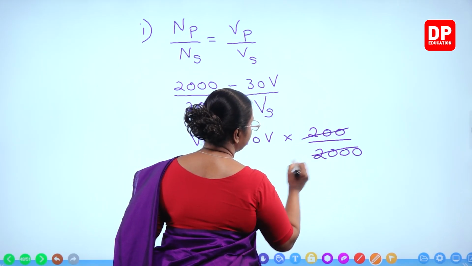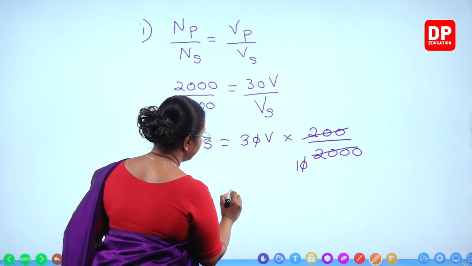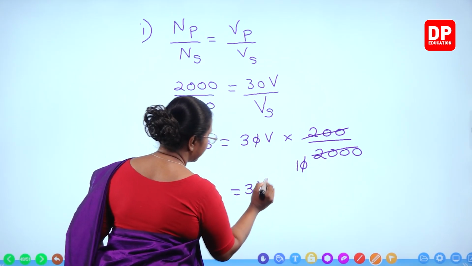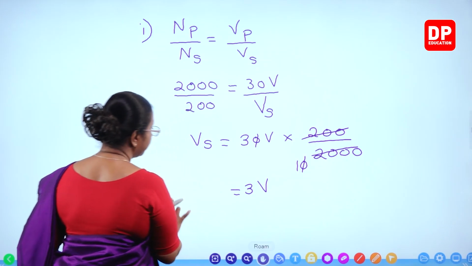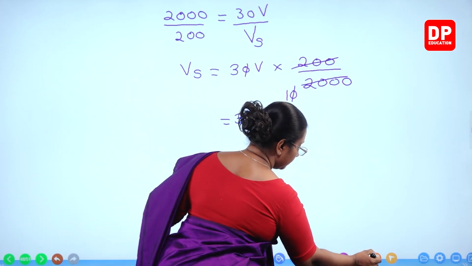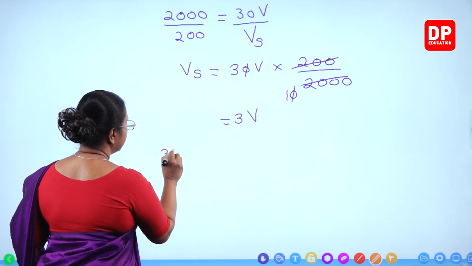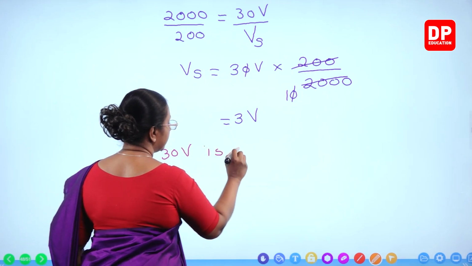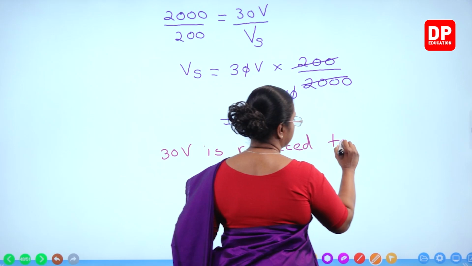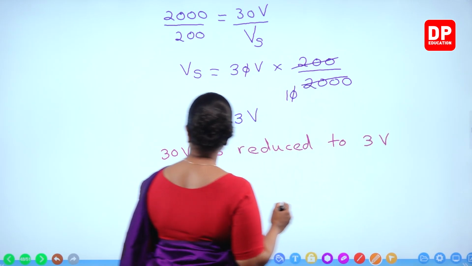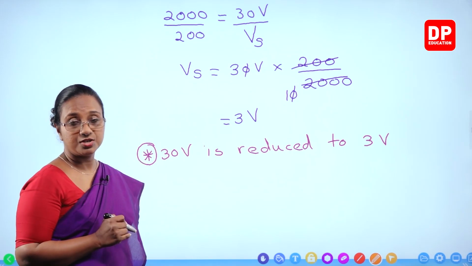So when you simplify, this becomes 10. So here again, you will get the output voltage as 3 volts. So here you can see 30 volts is reduced to 3 volts. That is the function of a step-down transformer.